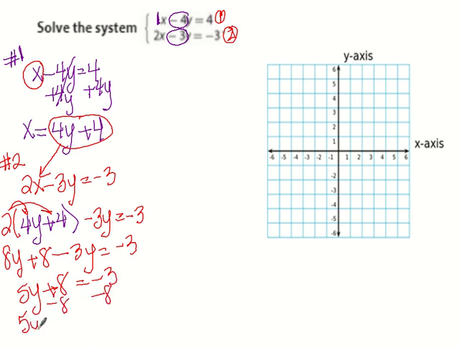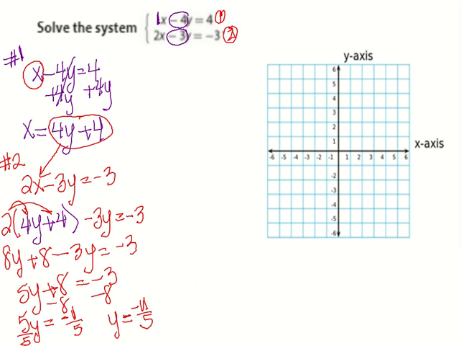I get 5y equals negative 3 and negative 8, which is negative 11. Then I'm going to divide by 5. I'm going to get y equals negative 11 over 5.